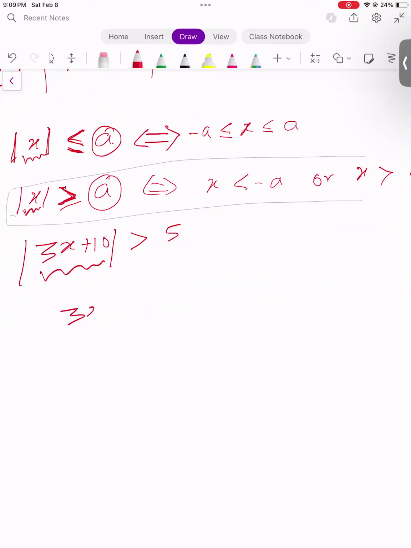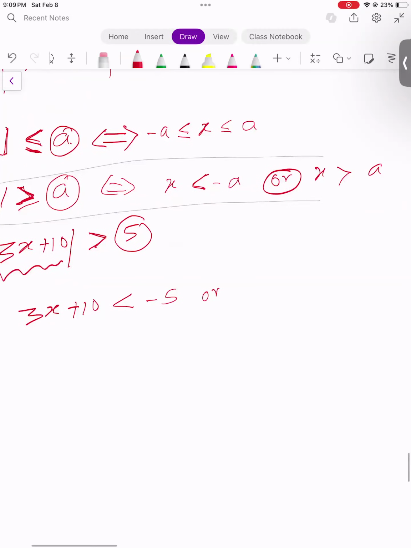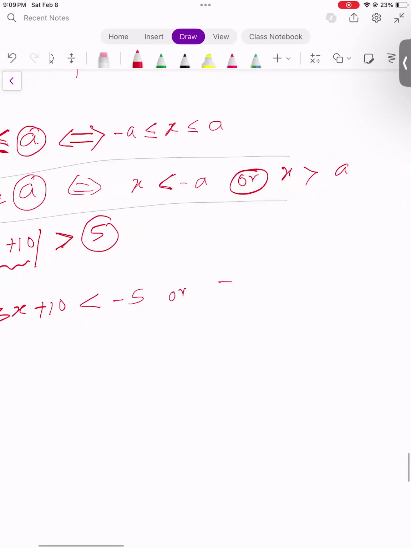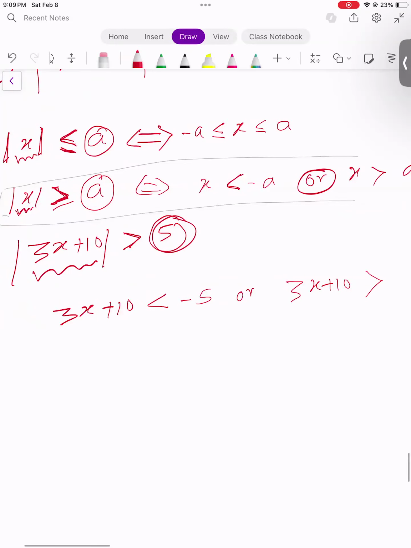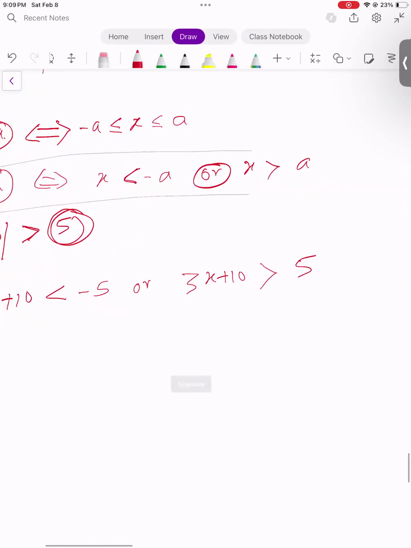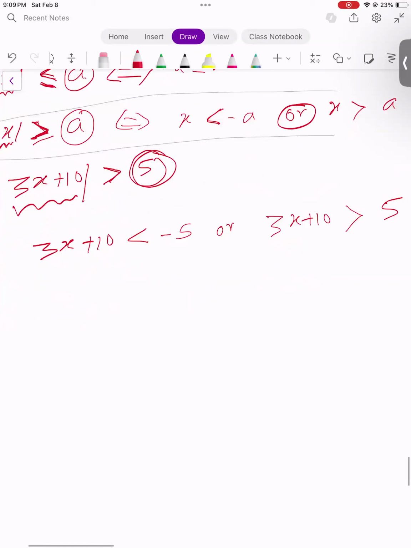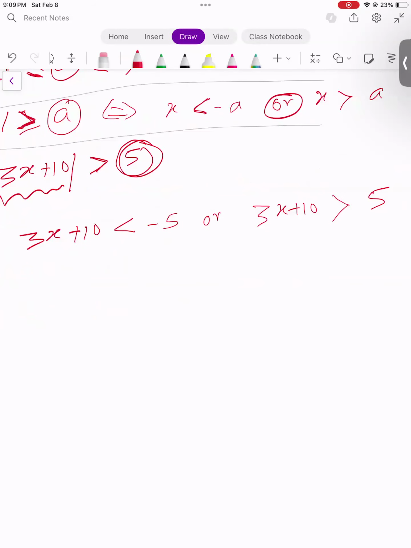We have 3x plus 10, then less than, since we have greater than, negative of this number, negative 5, or whatever you have inside the absolute value, 3x plus 10 greater than positive of this number, which is positive 5. Now we don't have any more absolute value sign here. Now this turns into an inequality we know how to solve.